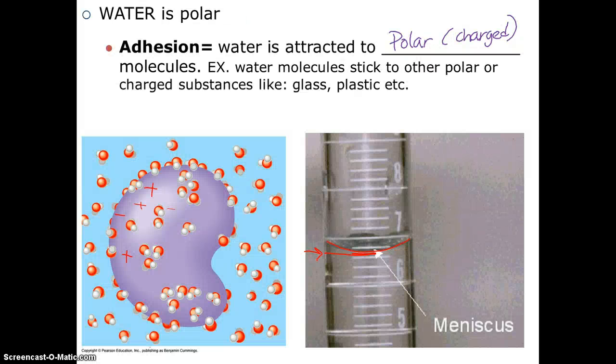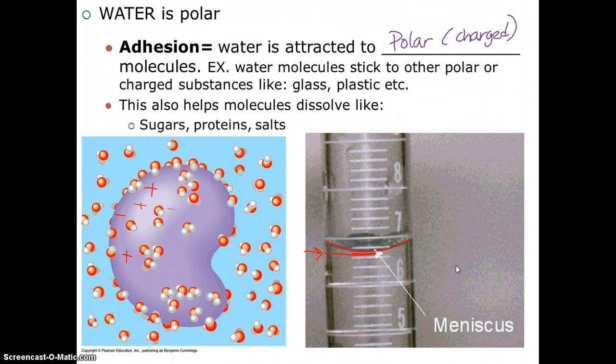Now, water is polar, therefore water is attracted to polar or charged molecules. When we see water in a graduated cylinder, we see that water forms this dip, and this dip is caused because some of the water is attracted to and adheres to the walls of the graduated cylinder and forms a meniscus.